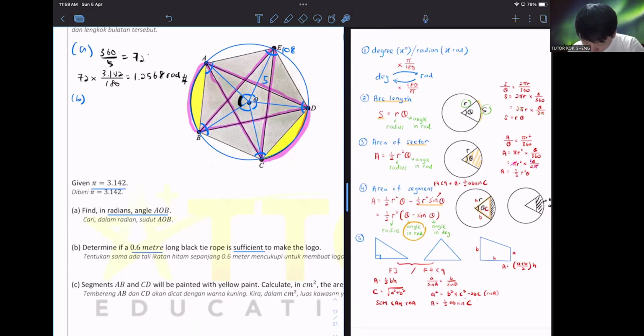Okay, I start with the straight lines first. They are all the same, all these 5 straight lines. Just find one and then multiply by 5.